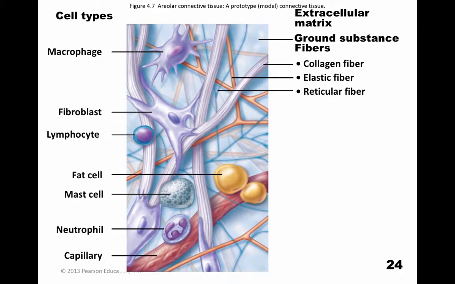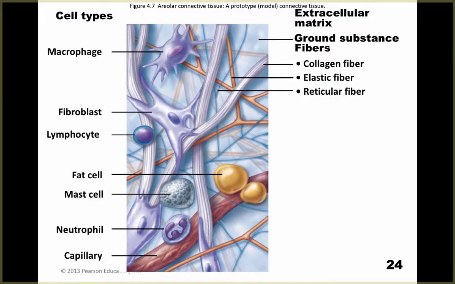So you can essentially look at here, this is kind of a cartoon representation of what you see. So when we're talking about the ground substance, you can see that here, that's in the background in which everything else is bathed. And when we're talking about the fibers, you can see this collagen fiber here, right? Very, very thick.